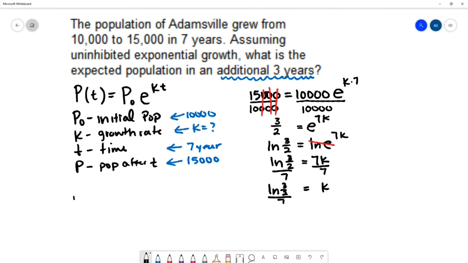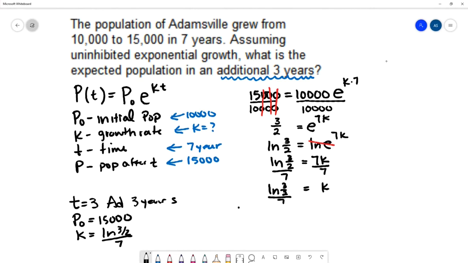So if you're only doing the additional 3 years, then your starting population will be the 15,000, and you'll use the k that we just found, natural log of 3 over 2 over 7.